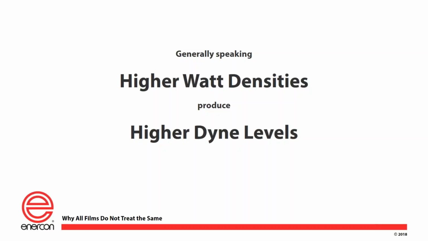And that can be very confusing and very misleading to folks as they go forward. So this is a very important point to recognize here. Higher watt densities, higher power settings on your treater, don't always produce a dyne level that is commensurate with your expectation of what that dyne level should be.